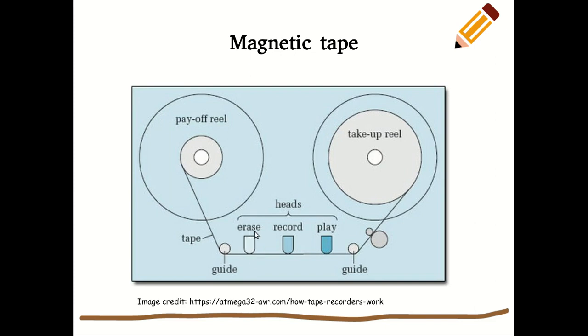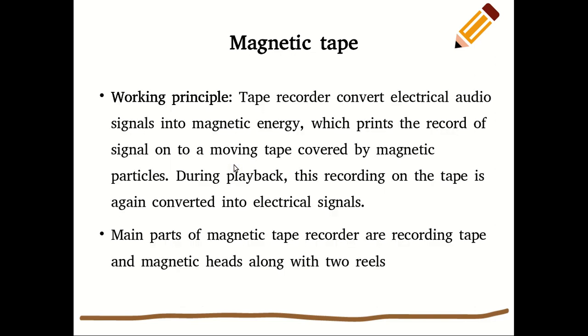These are the magnetic heads. These are the two main parts of this magnetic tape. Along with these two main parts, there are guides that give some direction to the tape, as well as the reels to hold up this long tape. So this is the overall structure.